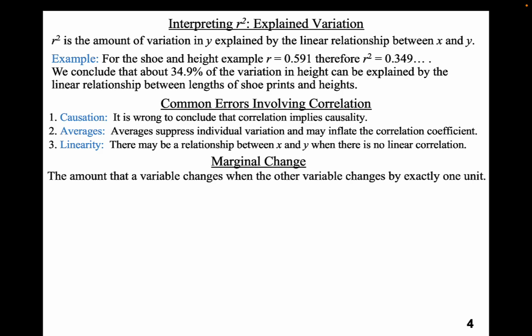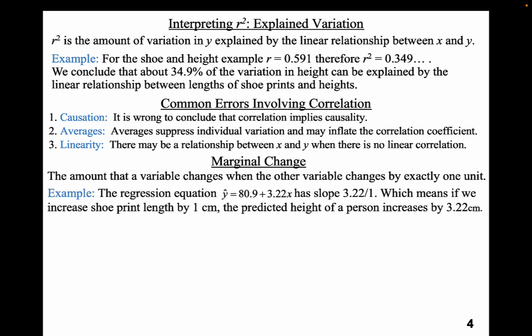Marginal change, that's the amount that a variable changes when the other variable changes by exactly 1 unit. I always think marginal change, I need that denominator to be 1. For example, our regression equation was y hat equals 80.9 plus 3.22x.